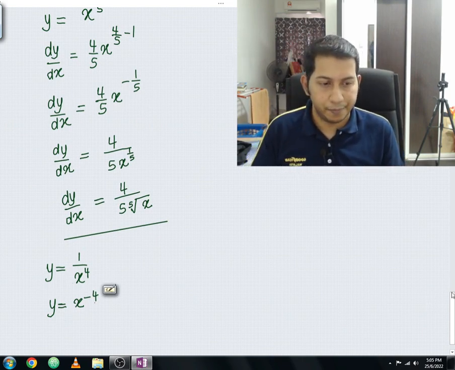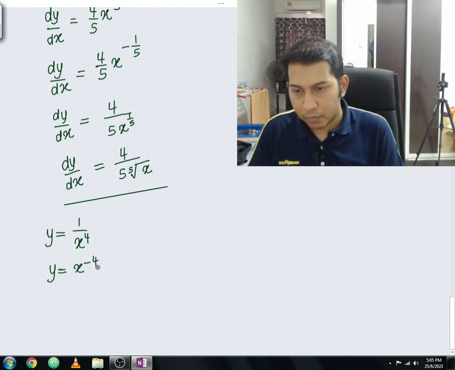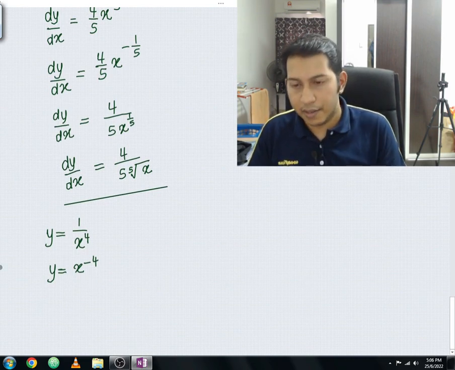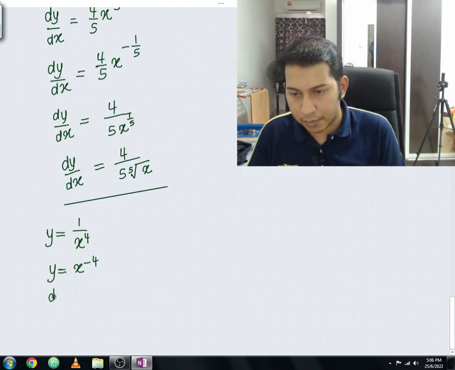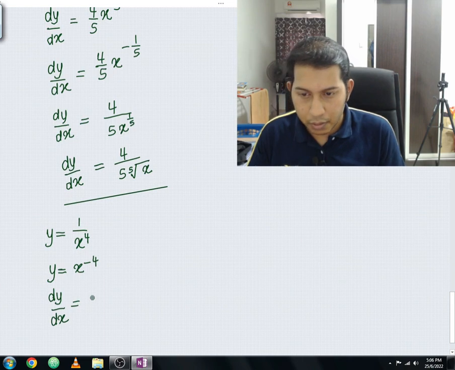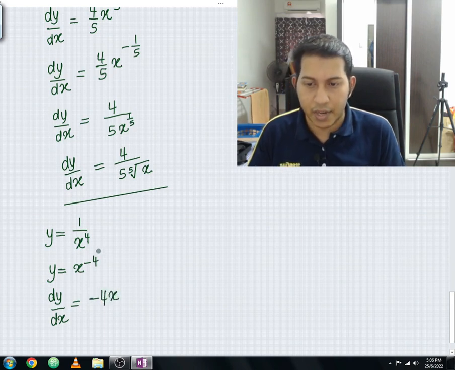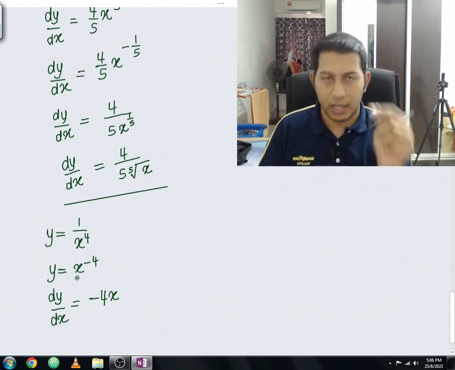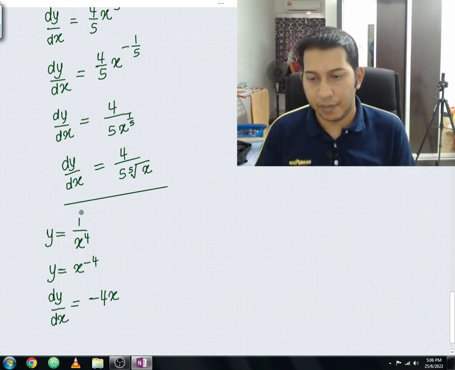Okay, so from here now we can calculate the differentiation dy/dx is equals to negative 4 x to the power of, so negative 4 you times with 1 in the front, the coefficient, you get negative 4.